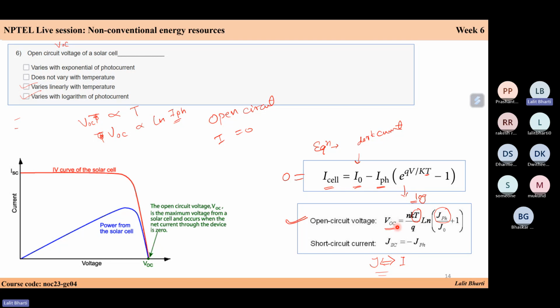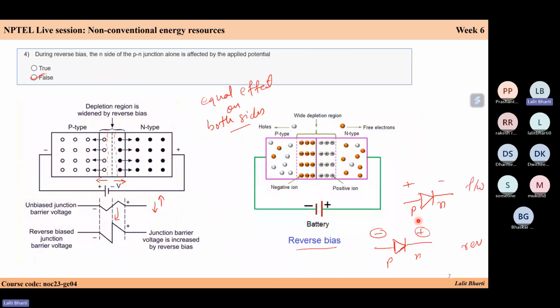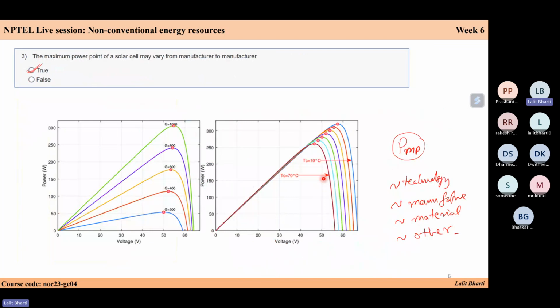So clearly your open circuit voltage is directly related to your temperature. If you increase your temperature, your VOC will increase. We already saw this kind of relation in some previous question here. This is your VOC, and as you increase your temperature, your VOC is increasing.